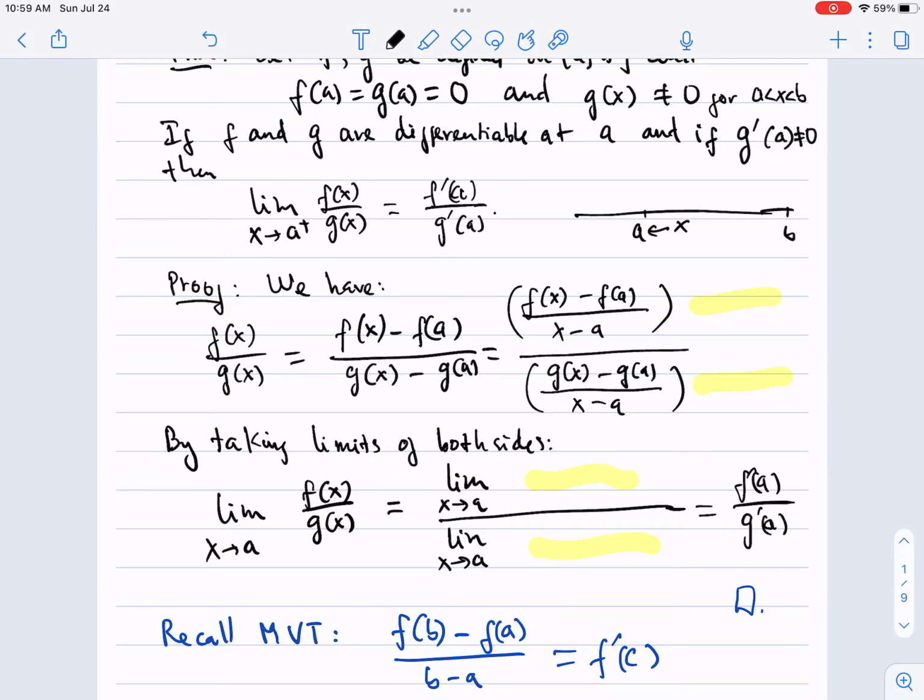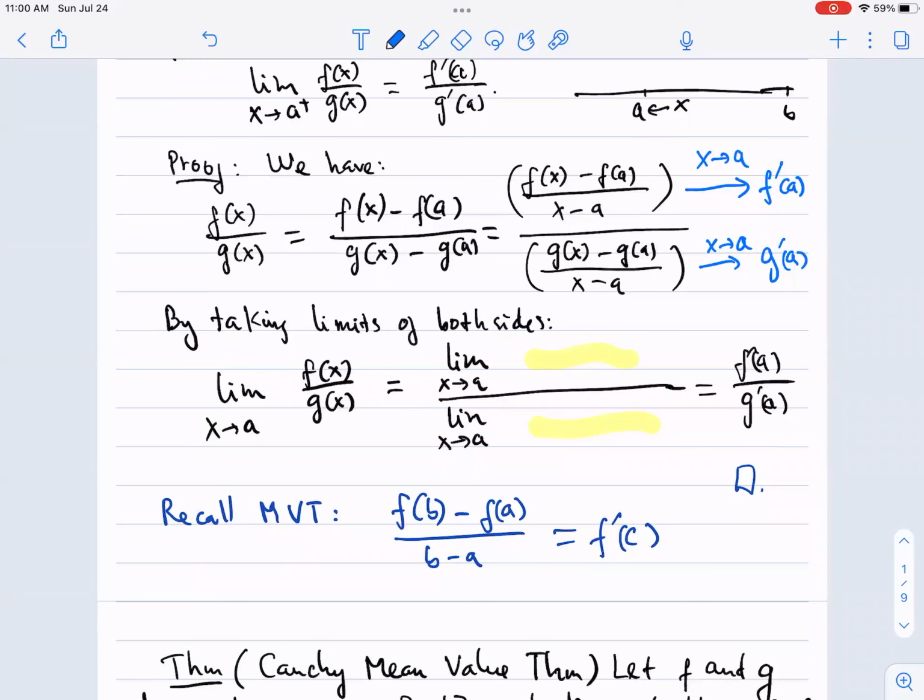So in particular, the numerator here is approaching f prime of a when x approaches a, and the denominator here is approaching g prime of a when x approaches a. So this is how you can relate the quotient of these two functions with the quotient of their derivatives.